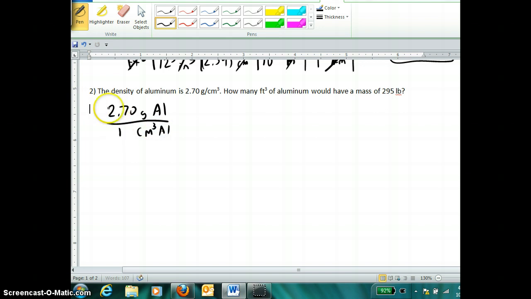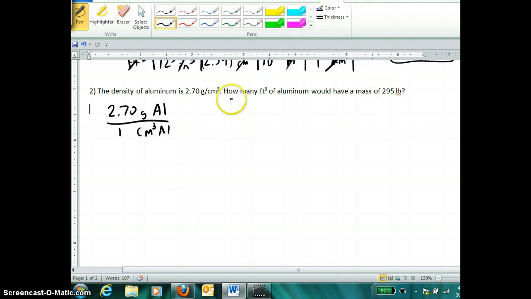So yes, for every 2.70 grams of aluminum, we have 1 cubic centimeter of aluminum. Now, these labels aren't important in this problem because everything is involving aluminum, but in more complex problems later this week, you'll be glad to have those labels there. So we'll get in the habit of writing the labels as well.